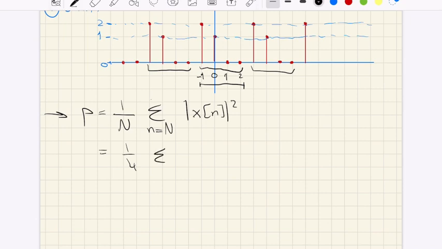Then it's the summation from n equals -1 to n equals 2 of the absolute value of x of n squared.